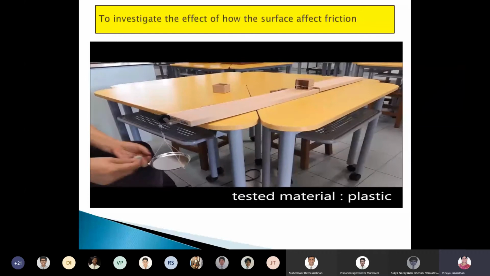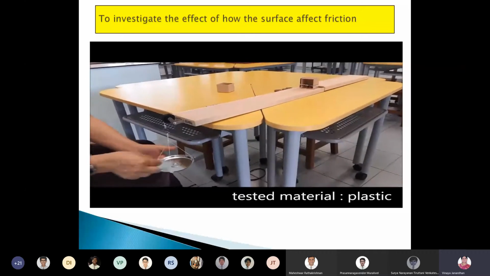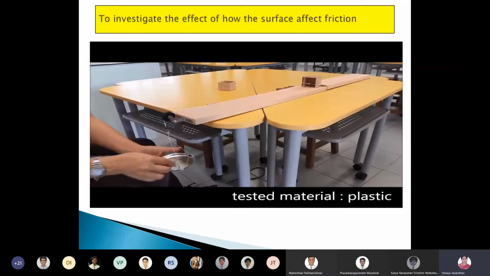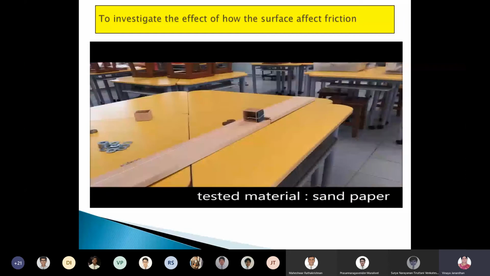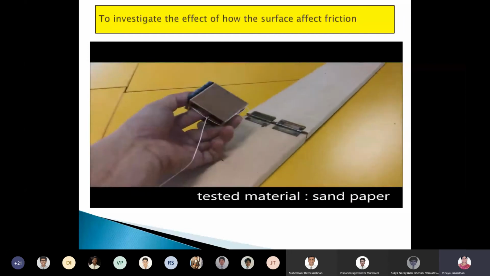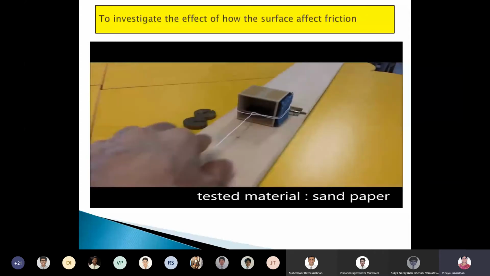1, 2, and 3. Okay, move. Now we change the surface to sandpaper. The weight 50 gram remains the same.